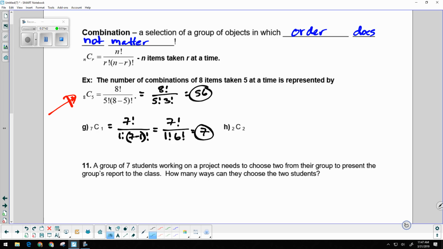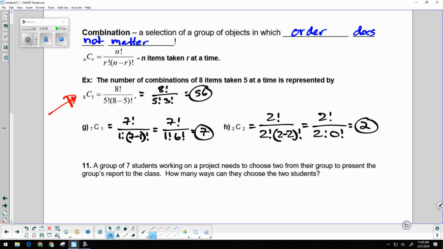And then finally, in part H, n and r are the same. So this would be 2 factorial over 2 factorial times 2 minus 2 factorial, or in other words, 2 factorial over 2 factorial times 0 factorial. Remember, 0 factorial is 1. So you end up finally with the answer of just 2 when all is said and done.